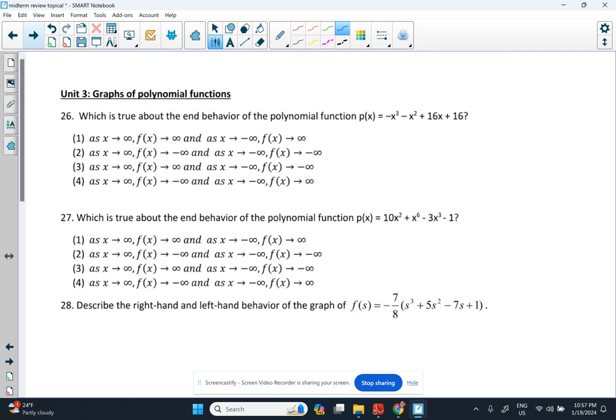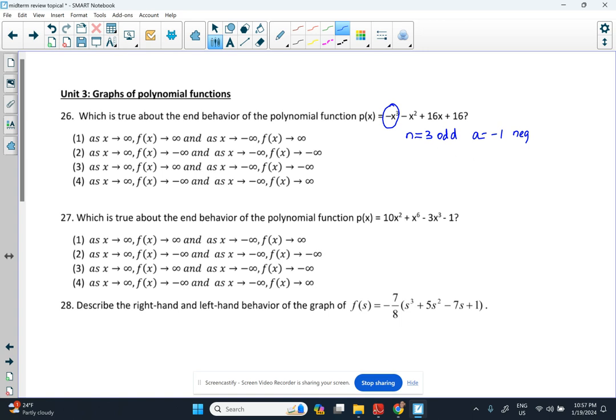So let's look at the examples. So here we have a polynomial, and we look for the term containing the highest exponent. So n is equal to 3, which is odd. A is equal to negative 1, which is negative. So I know that they're going in opposite directions.